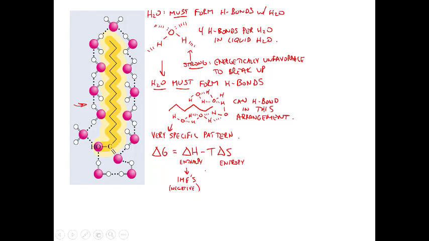We're forming hydrogen bonds. However, our change in entropy on forming this structure is also negative. And that's because we have to adopt this very particular pattern of hydrogen bonds. So generally speaking, if your system is going from disorganized to organized, your delta S is going to be negative, and that is unfavorable.